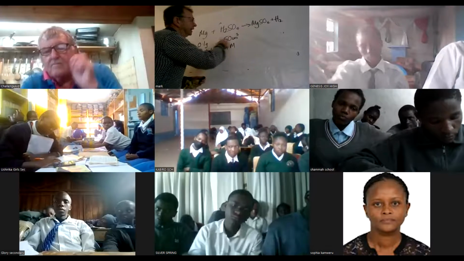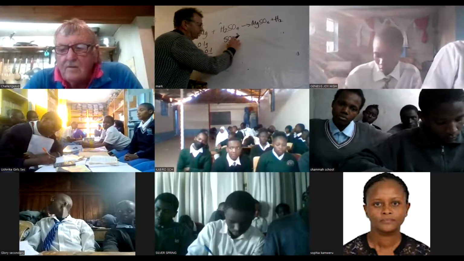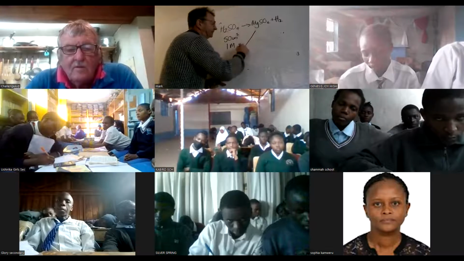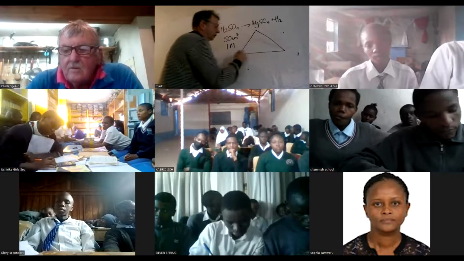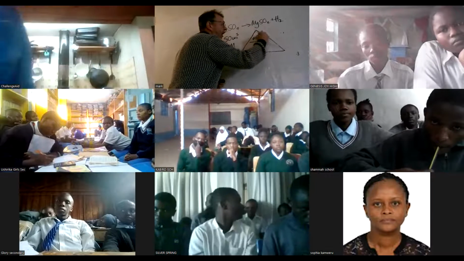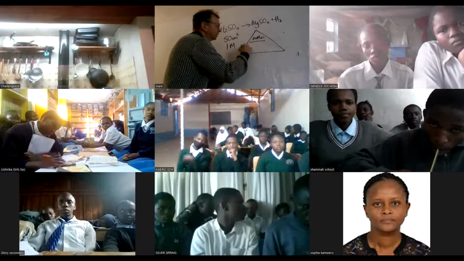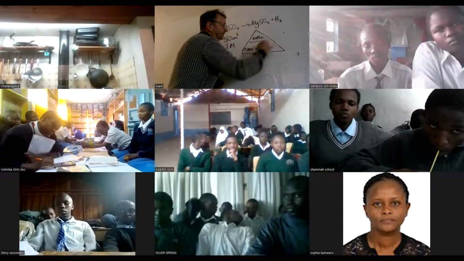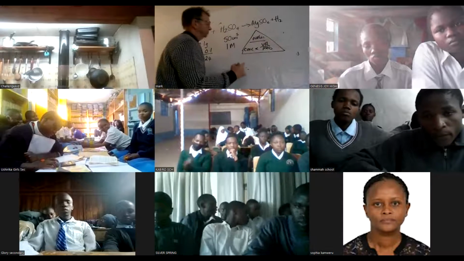In this one, I have cubic centimeters and a molarity, a concentration. So this is the triangle for solutions. In the solutions triangle, the moles are at the top, concentration is down here, volume is here over 1,000.